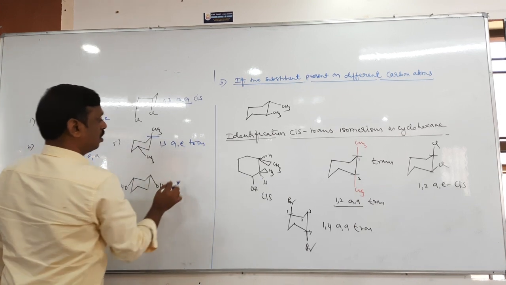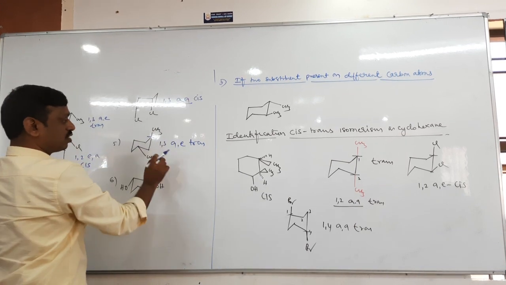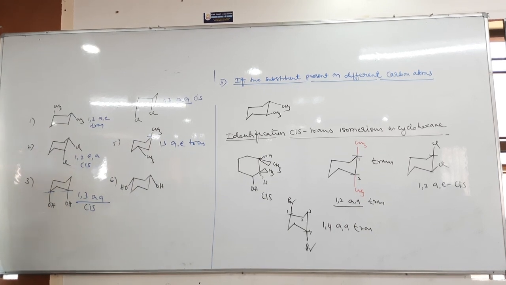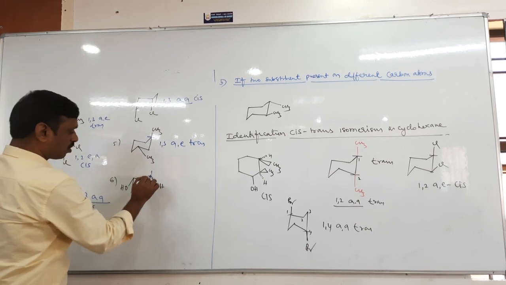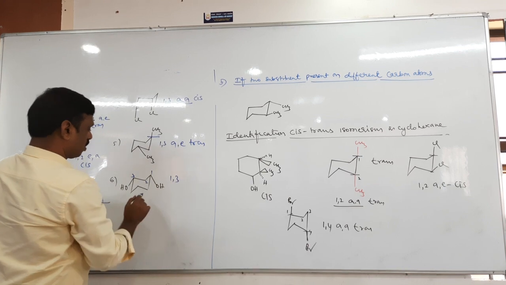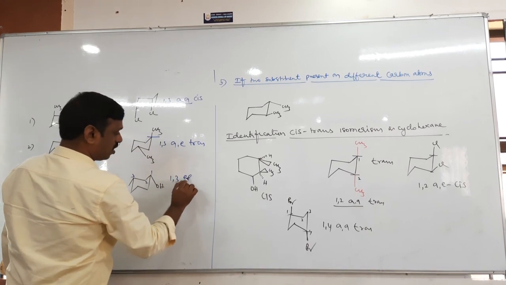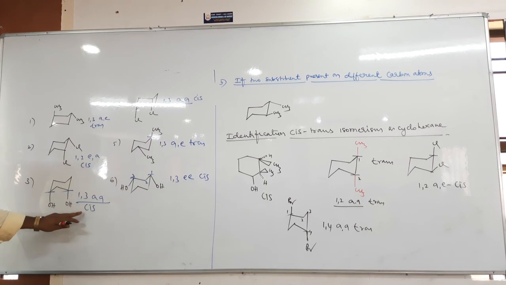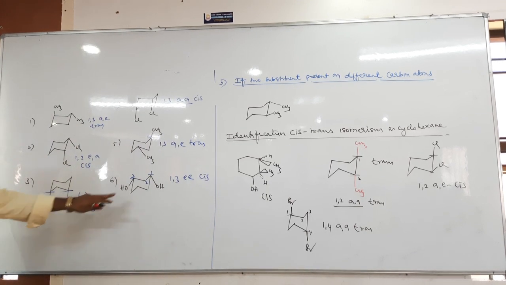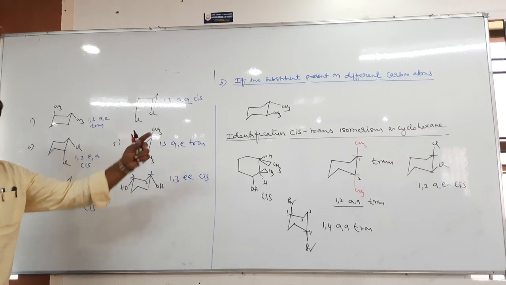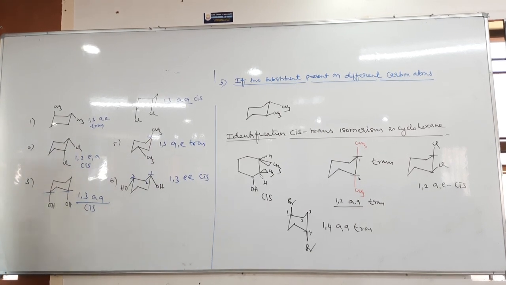Trans. So 1, 3, AA, cis. 1, 3, AE, trans. You need not learn by heart. Remember the concept, enough. 1, 3, E, E, cis. Because A, A, 1, 3, AA, cis. 1, 3, E, E also cis. AE, EA, trans. Like that.